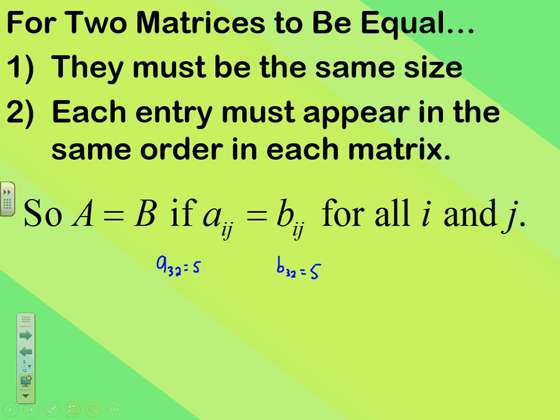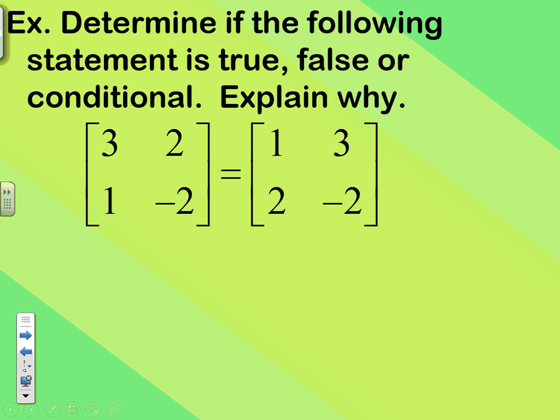Every element of matrix A and its corresponding element of matrix B has to be the same number. That's how we determine whether matrices are the same or not.